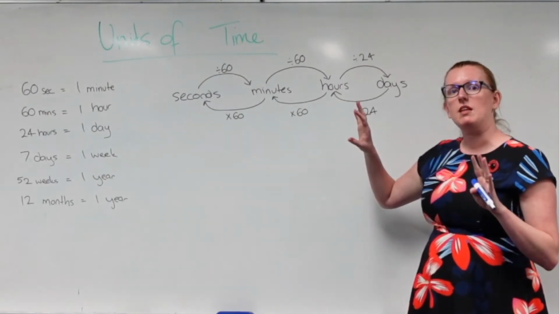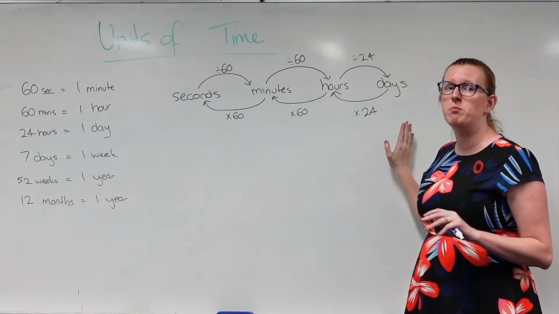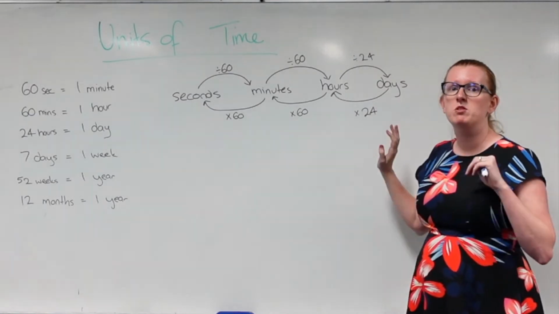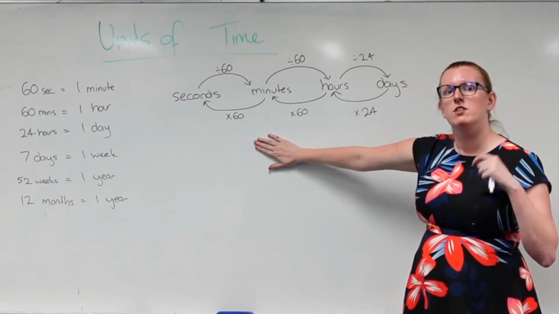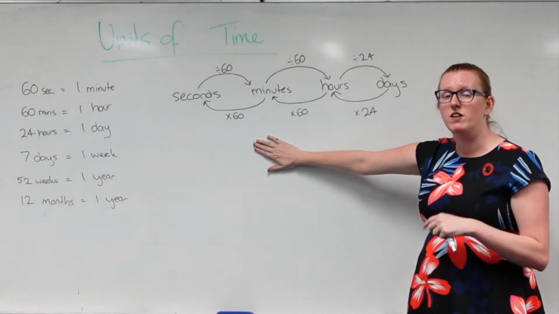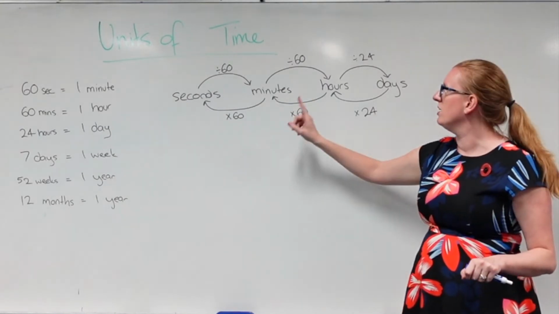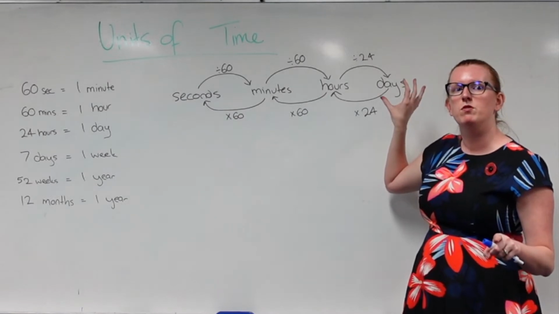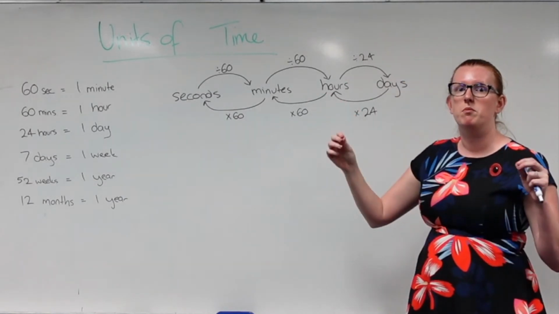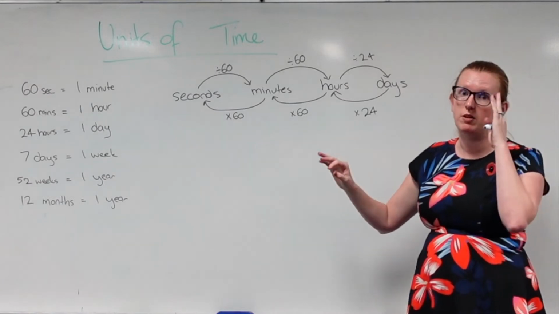Okay, now I find this diagram super important. Every time I'm doing conversions of units, I have to draw this out so that I can follow it myself. And I've been doing maths for a very long time. So I recommend that you learn this diagram, and you also learn the one for converting units of measurement, like centimeters to meters to kilometers, that one as well.